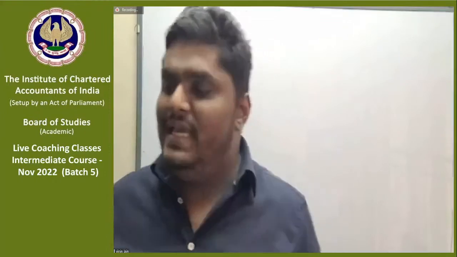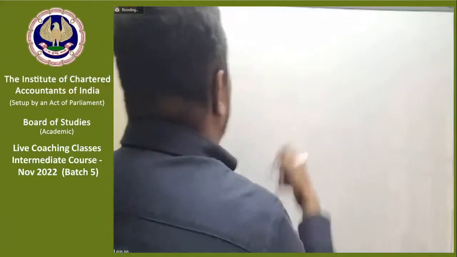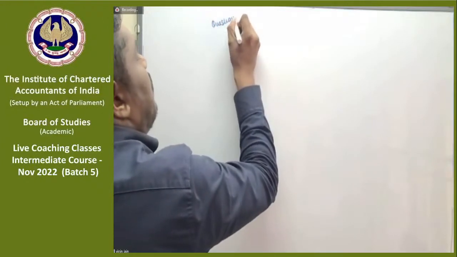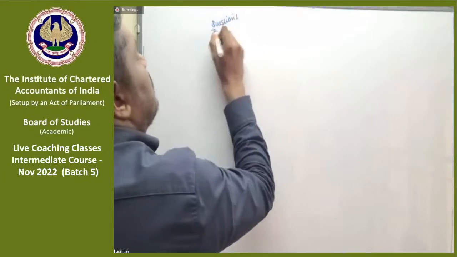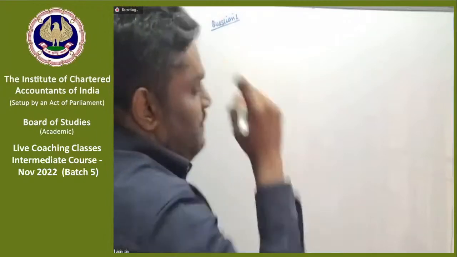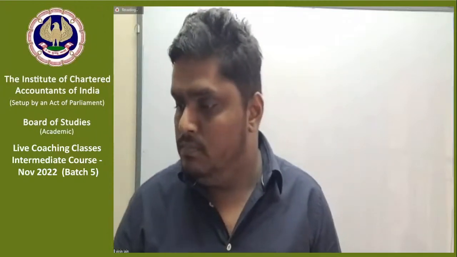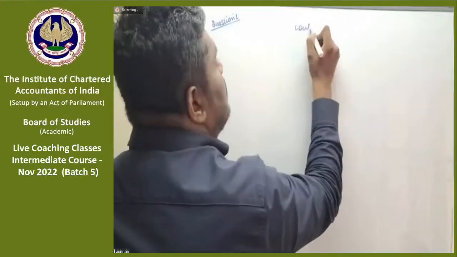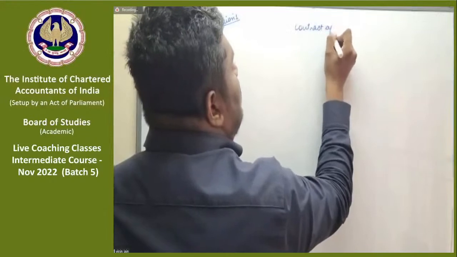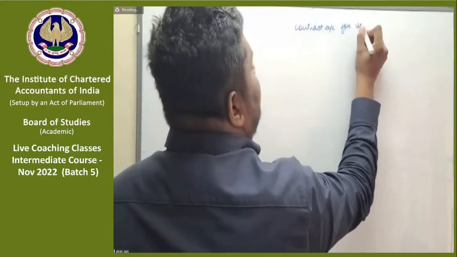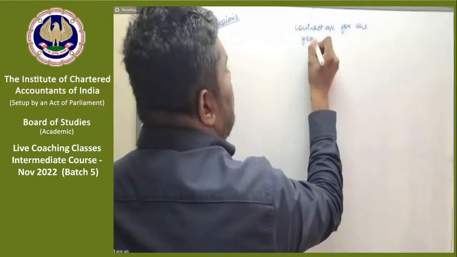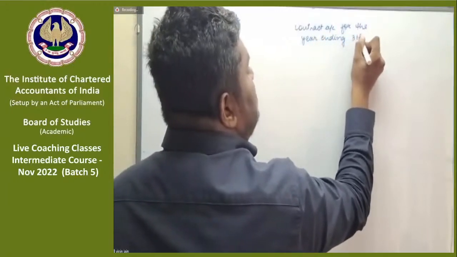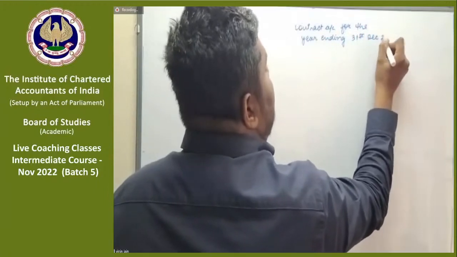So it's a very easy question. Let's start with question number 1. Contract account for the year ending 31st December 2020.